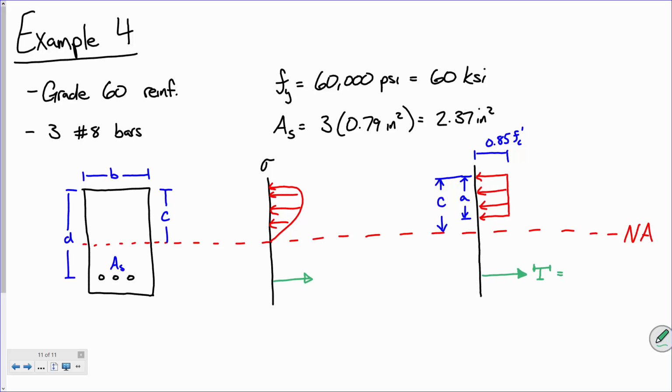I'm assuming that the steel yields, so what's the force going to be? AS times $60,000. Okay, so my point is, would that be a fair statement? That is the tensile force in the concrete beam. Is everybody okay with that?